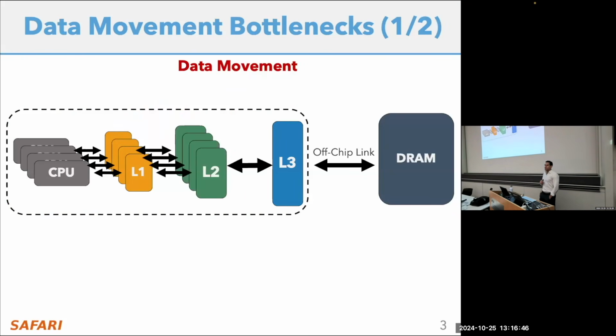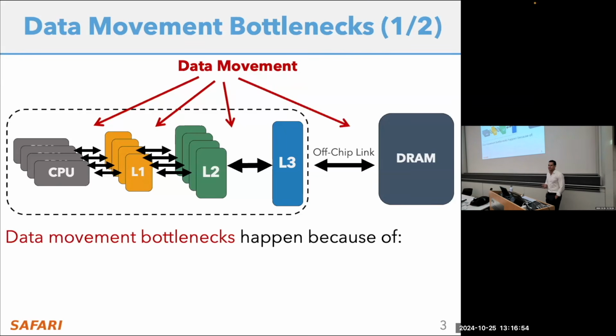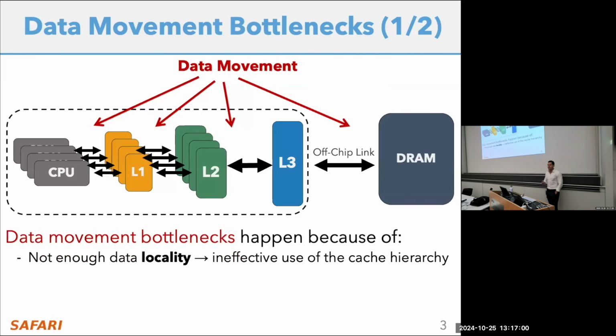So just a recap on what we are going to talk about here. The problem that we're trying to solve is that data movement is a bottleneck in today's systems. I'm going to try to be quite fast here. Data movements are bottlenecking systems for a myriad of reasons. For example, your application might not have enough data locality to make use of deep cache hierarchies or scratchpad memories on your CPU or accelerator.